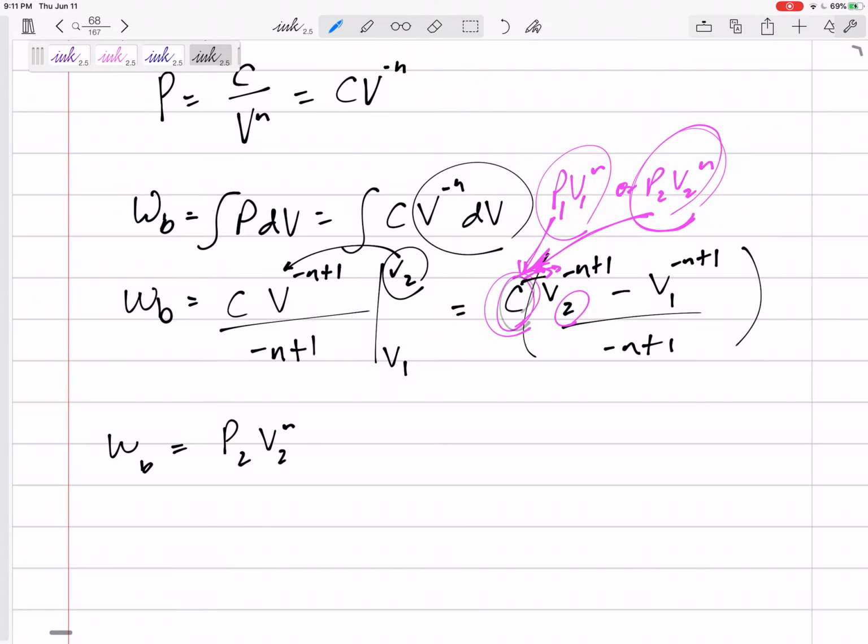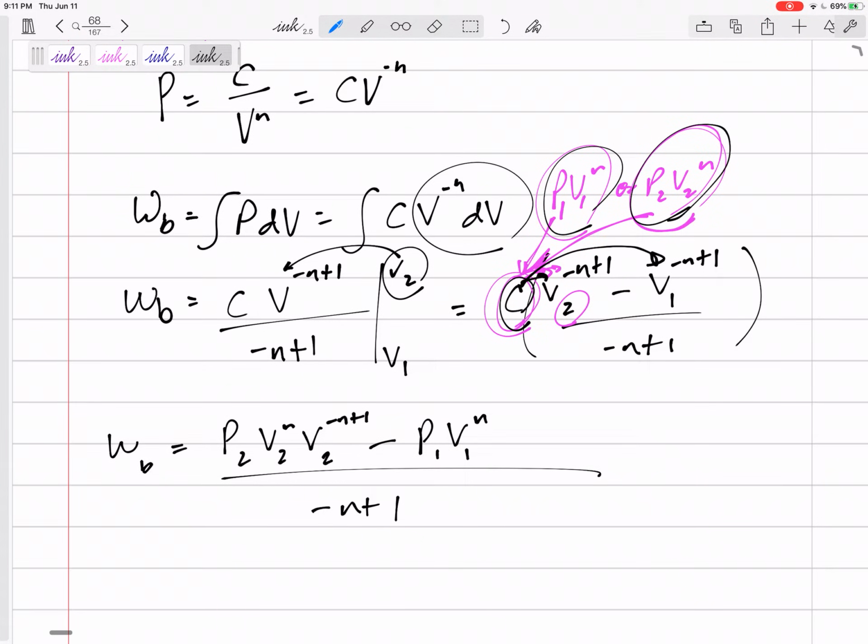That's the constant, times V2 to the negative N plus 1, divided by negative N plus 1. Now I'm going to take that same constant and multiply it times the second term. But instead of using P2 V2 to the N, I'm going to use P1 V1 to the N times V1 to the negative N plus 1.